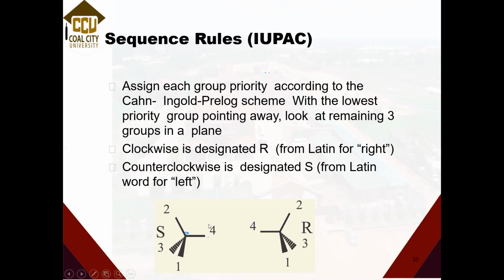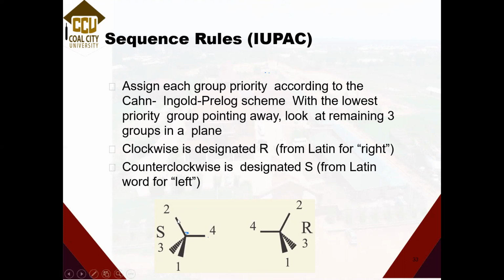Now, I said earlier that the smallest priority, which is this number 4, is supposed to be moving away from you. The smallest priority is supposed to be pointing away from us. So it means that the smallest priority is supposed to be on this hash wedge, not on the plane and not on the thick wedge. So whenever it is not on the hash wedge, what we do is we reorient that atom.